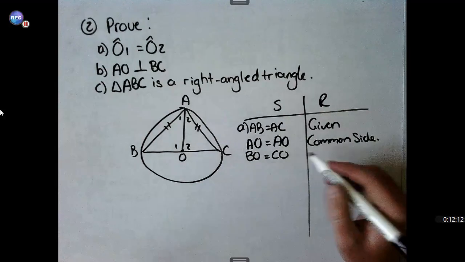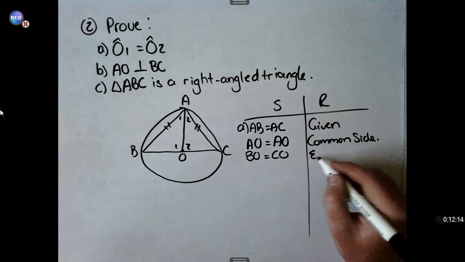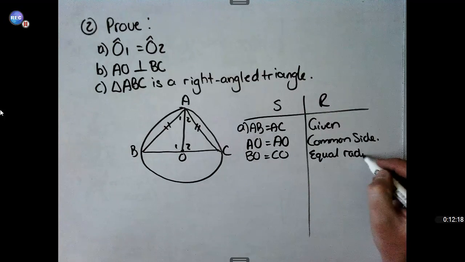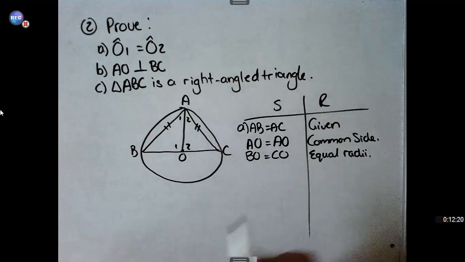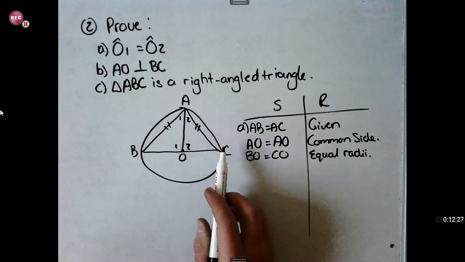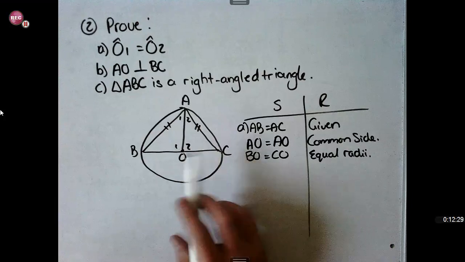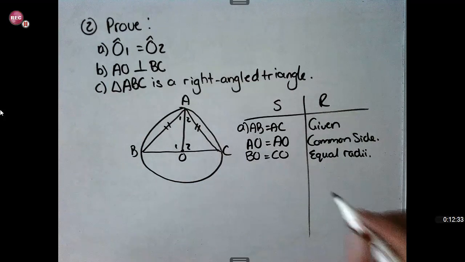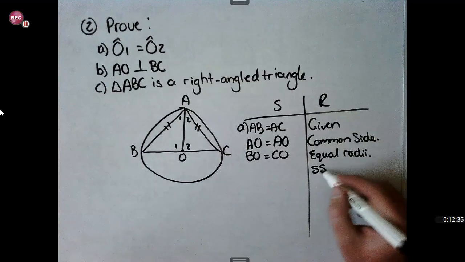And the reason for that is because they are equal radii. The reason for it being equal radii is because this is the center of the circle, like I've explained to you. From the center to the circumference of the circle, either side, the length will be exactly the same. The method that you used here was the triple S method.